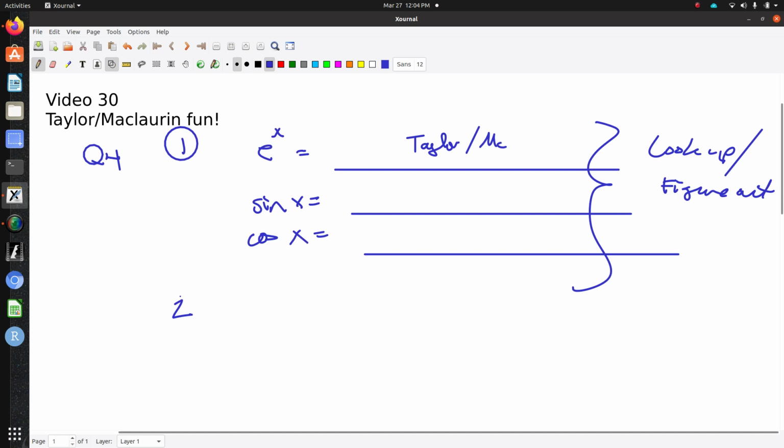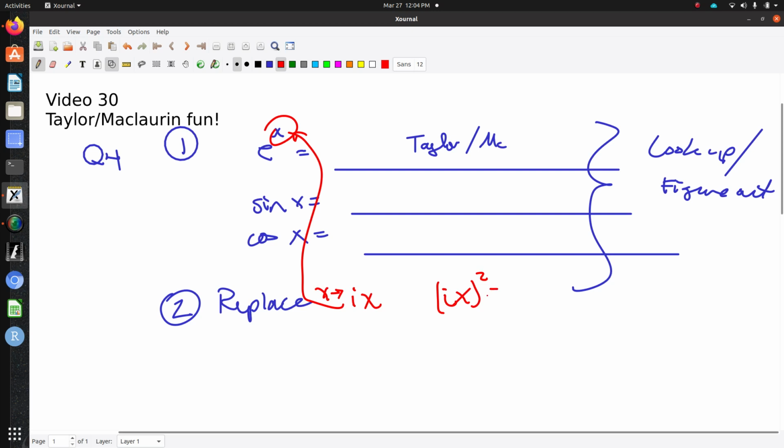Okay, step 2 is replace this x here, bing, replace it with i times x, or i times theta if you want to use the theta. Okay, replace every instance of x with i times x. And then if you get, for example, (ix) squared, that is i squared x squared, that still works.